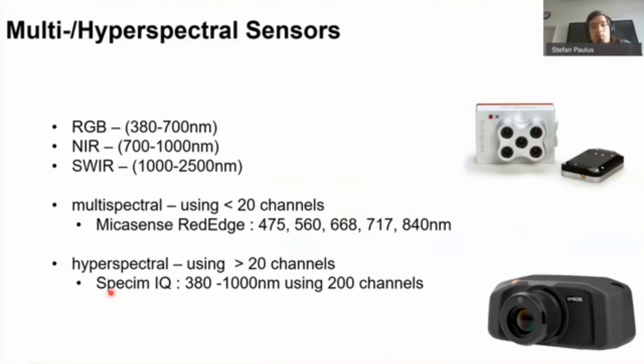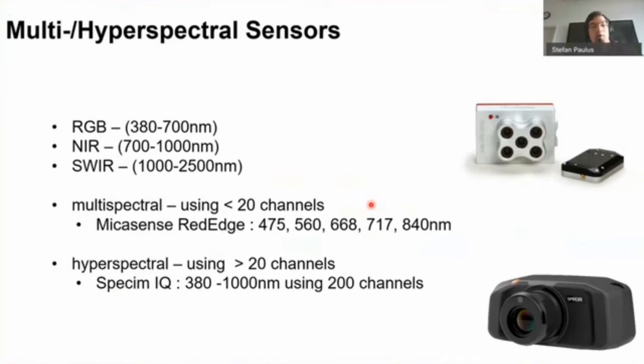Everything below 20 channels we define as multispectral. One camera that gives you a good multispectral image is the MicaSense RedEdge, for example. It has 5 channels, blue, green, red, red edge, and NIR, and you can use it to get a 3 megapixel image with 5 channels.